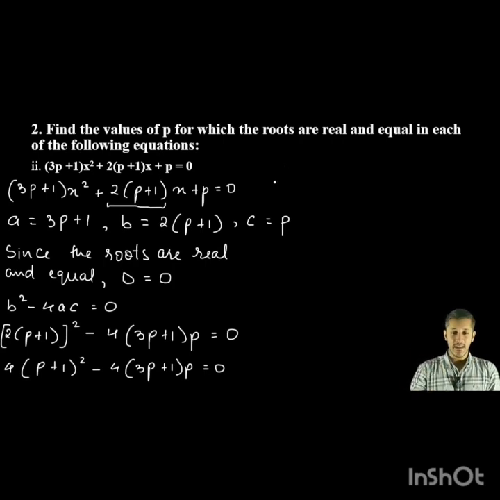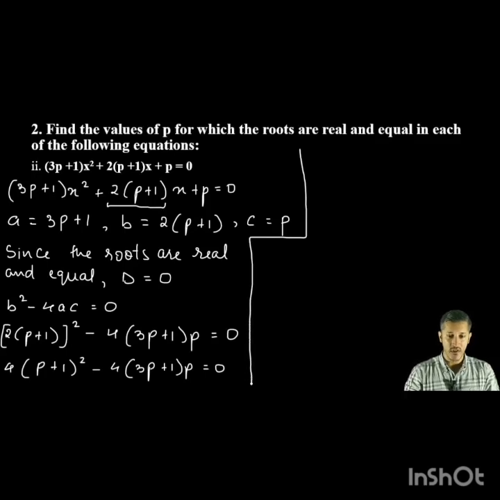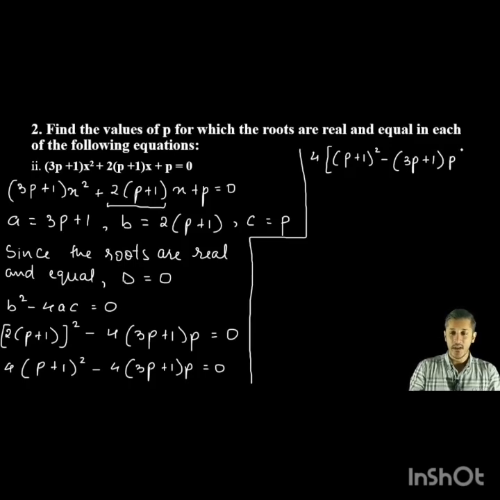Now when we take 4 common, in the bracket we'll be left with (p + 1)² - (3p + 1)p, and this equals 0. Now we can transpose the 4 to the right hand side and 0 upon 4 will become 0. So we are getting (p + 1)² - (3p + 1)p = 0.